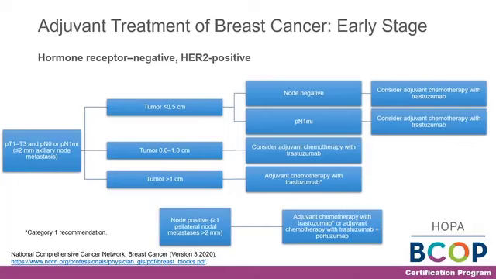In hormone receptor negative, HER2 positive breast cancer, the breakdown is similar, except that there is no endocrine therapy offered because these patients have hormone receptor negative breast cancer. And so outside of that, the recommendations remain the same.